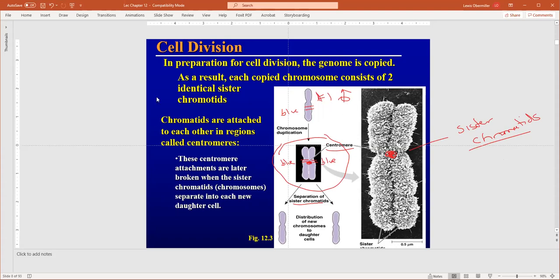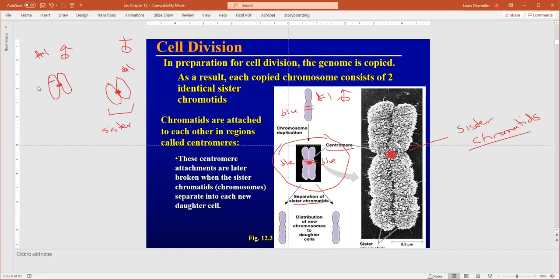So let's say this is the number 1 chromosome. This is from dad. This is the number 1 chromosome, and this is from mom. So when it gets replicated in S phase and they're held together by a centromere, these are called sister chromatids. Same thing here, right?